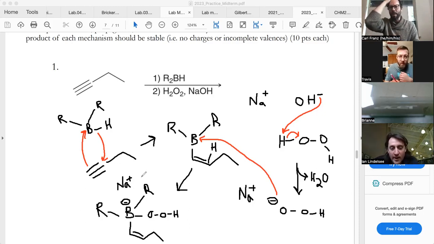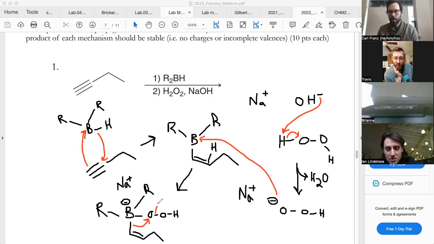So what's going to happen is that this oxygen, so the bond here, let's go to red. This bond here between the boron and the carbon, it's going to go here. And now this bond, it creates a double. Go here. A double O bond.